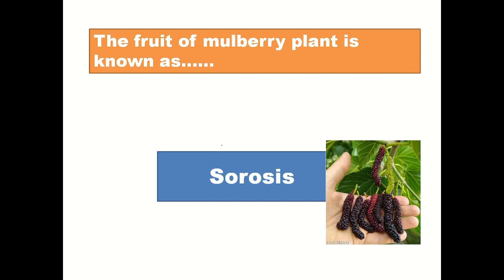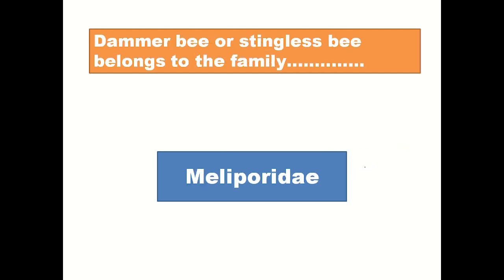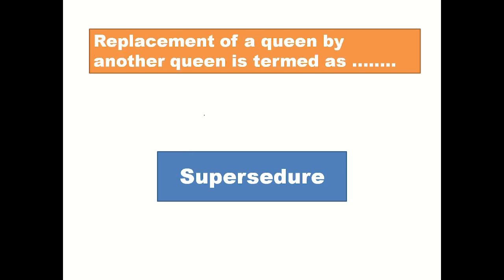The fruit of the mulberry plant is known as sorosis. Dammer bee or stingless bee belongs to the family Meliponidae. Replacement of a queen by another queen is known as supersedure.